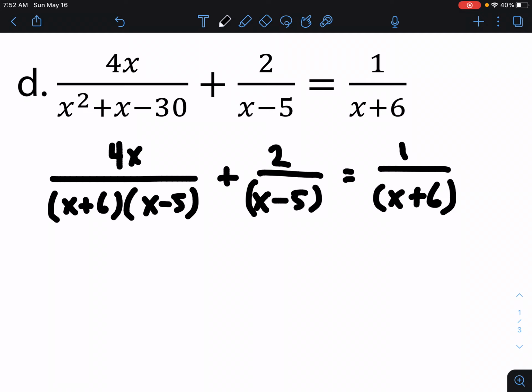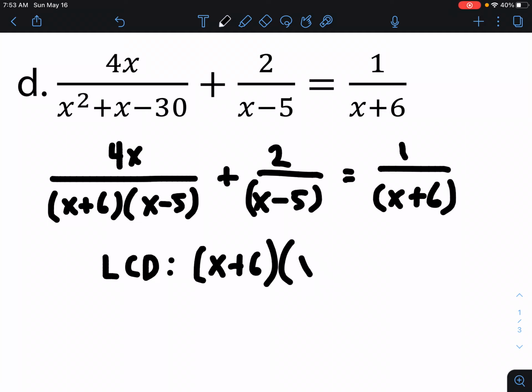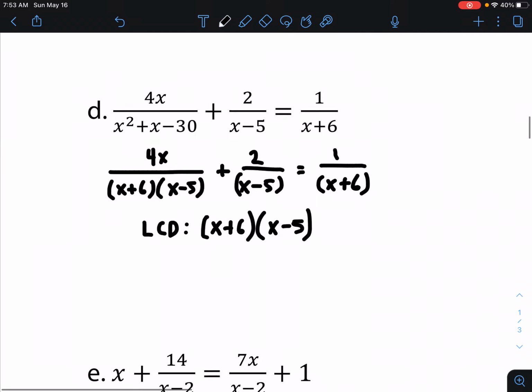Okay, and then I'm going to notice that my LCD is just the denominator of that first fraction. I'm just going to think through what I'm going to do here. I'm going to multiply that first fraction by the LCD, so it's simply going to cancel the denominator.